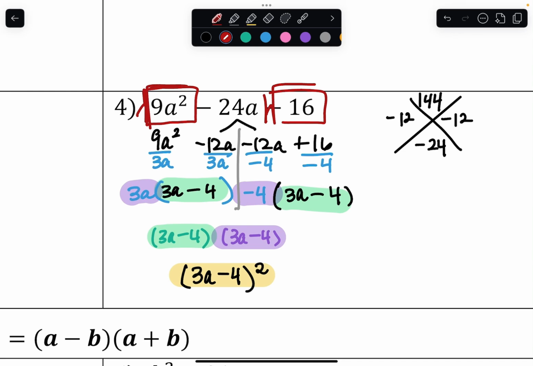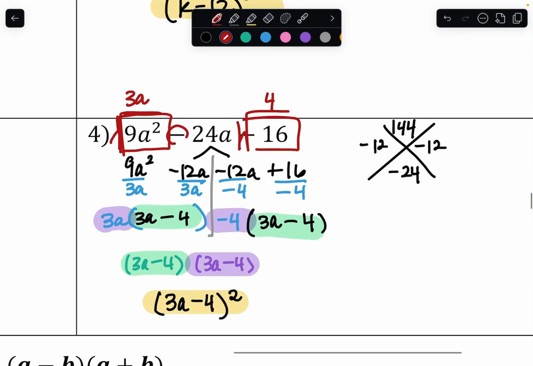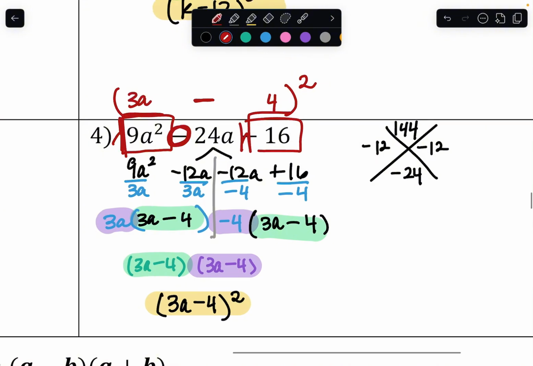So square root of 9a squared is just 3a. Square root of 16 is just 4. Okay, and then copy the sign of this middle term, which is minus, and this is going to be your repeated factor. So add parentheses and put a square.